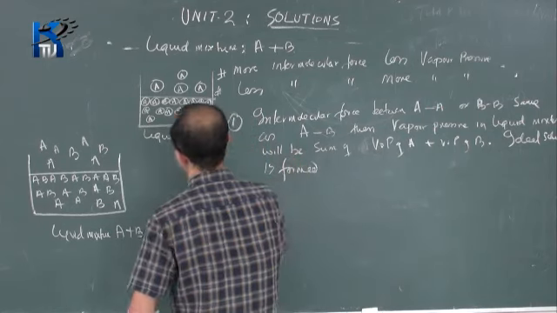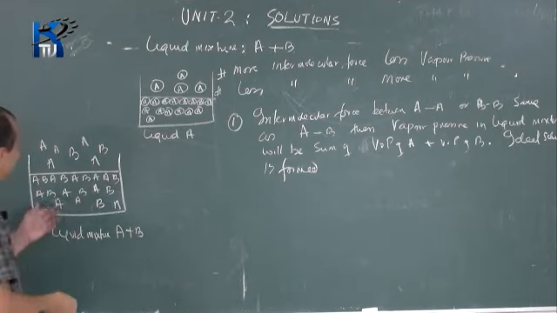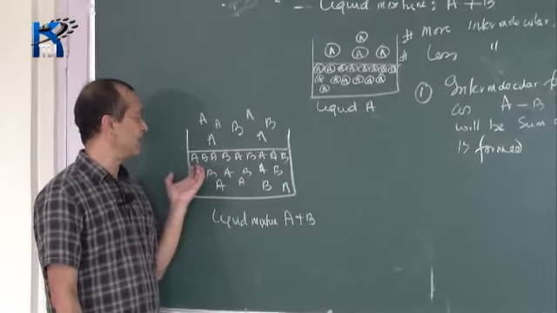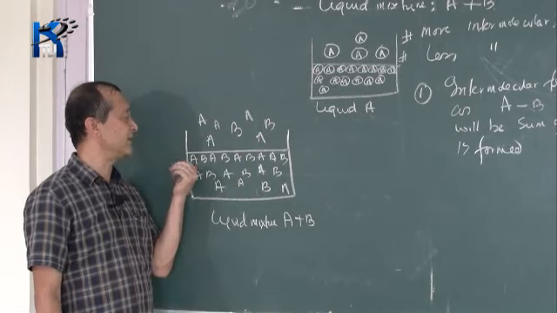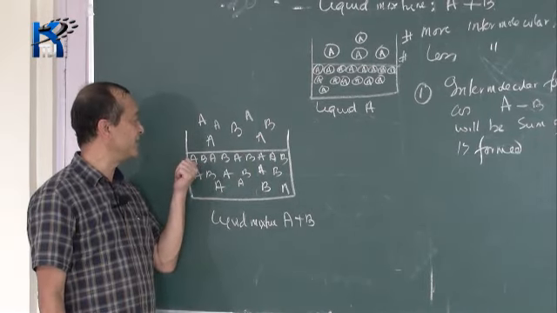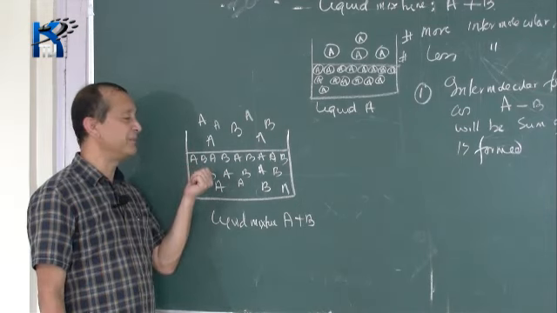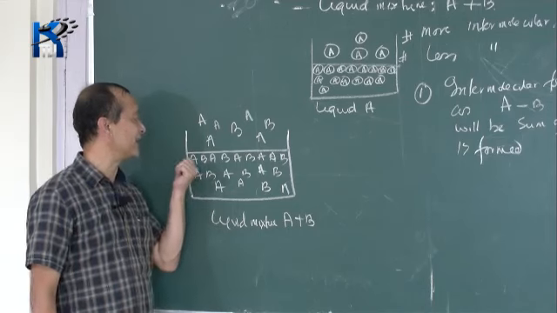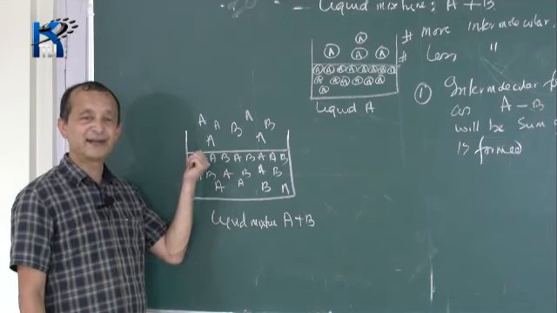So we'll understand this here like this. When A and B are in a mixture, there will be three types of interaction. A will be interacting with A, B will be interacting with B, and at the same time there will be a third type of interaction: A will be interacting with B also, or B will be interacting with A also.